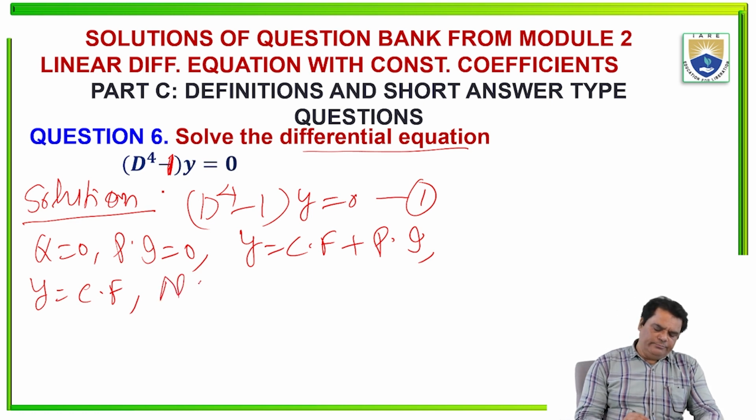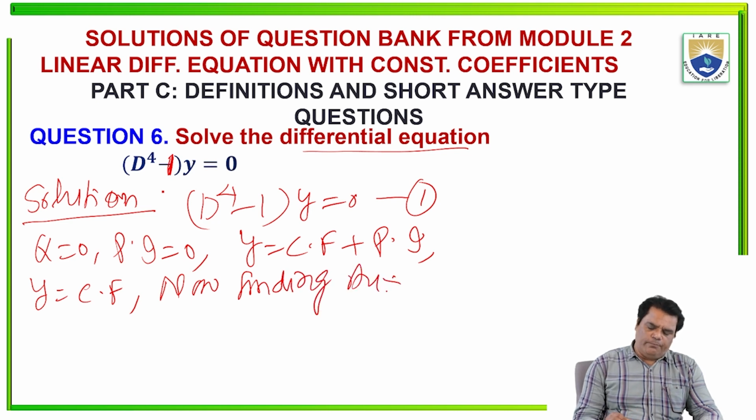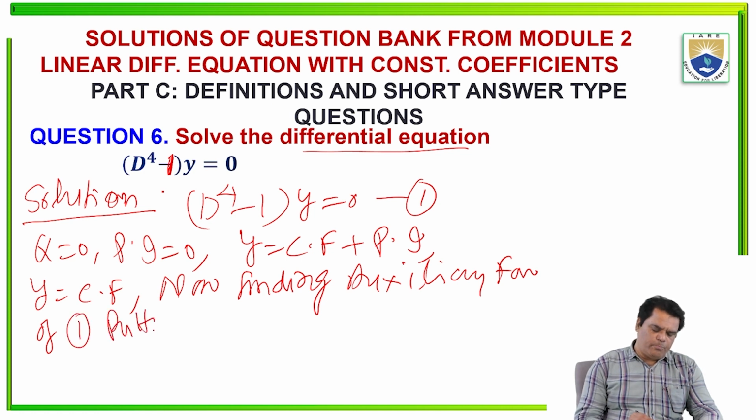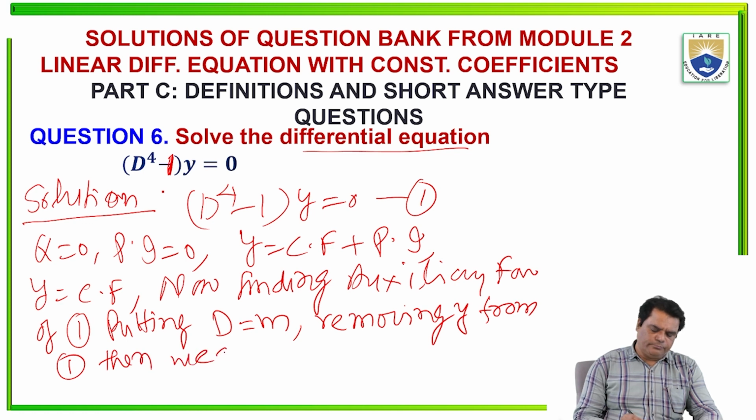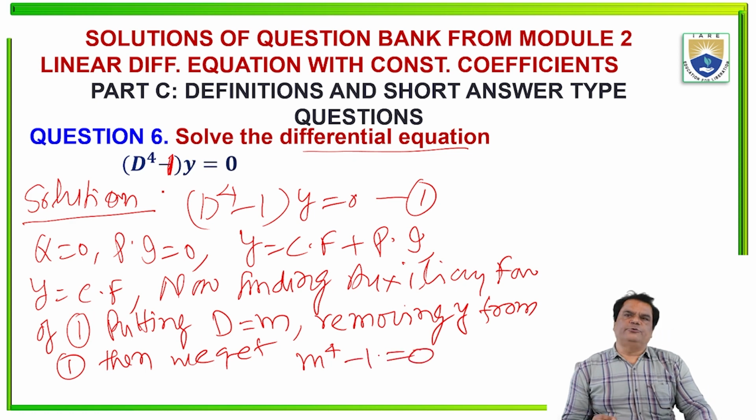So now finding the auxiliary form. Auxiliary form of 1: putting d equal to m and removing y from 1, then we get m to the power 4 minus 1 equal to 0.